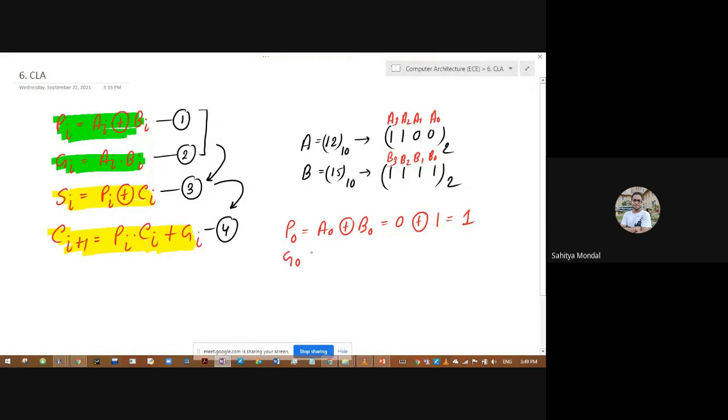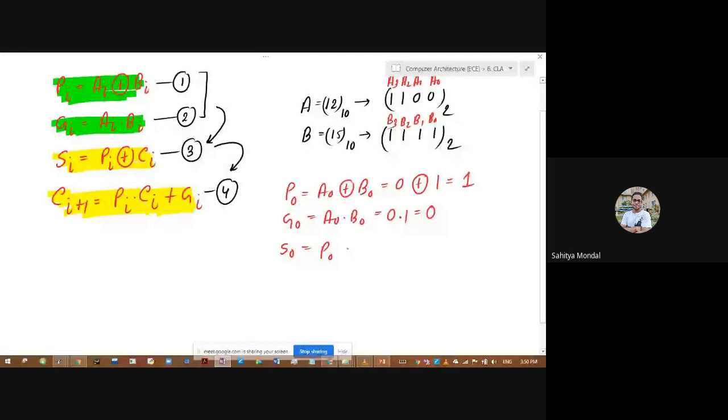Next is G0. What will be G0? A0 and B0, so 0 and 1. The result is 0. Now we are going to calculate the first bit of the sum, that is S0. What is S0? P0 XOR C0.